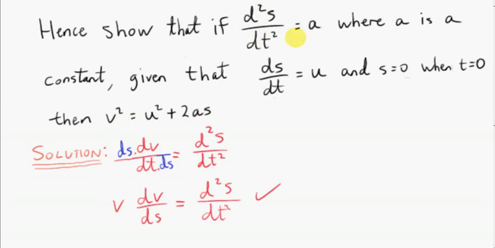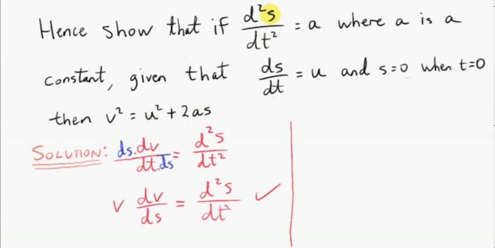Of course, this should ring a bell from the first video in this playlist where we discussed linear motion with uniform or constant acceleration a. s was the displacement, and the second derivative of s with respect to time is the acceleration. But we could be just talking about general derivatives here. We will still end up proving this result regardless of what s, a, v and u stand for.